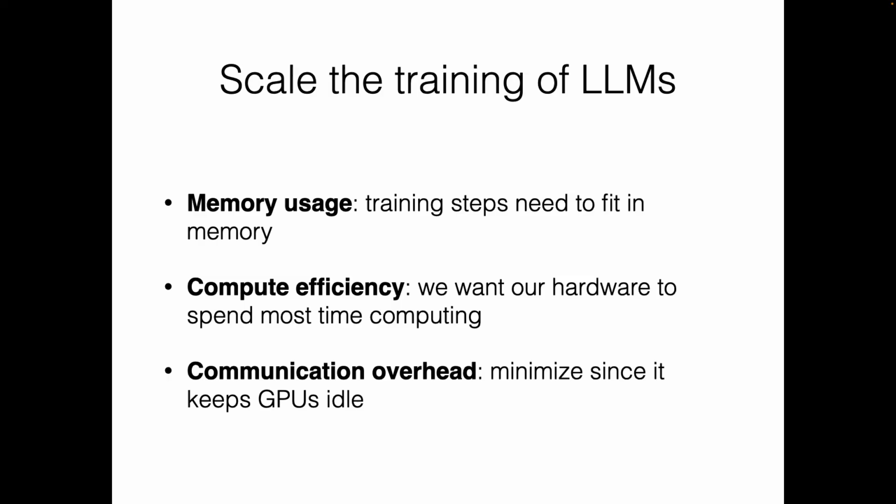Throughout today's lecture, we'll see examples of where these overheads in communication come up. The goal is to design different strategies that minimize the communication and allow us to utilize all of the computation that our GPU gives to us.